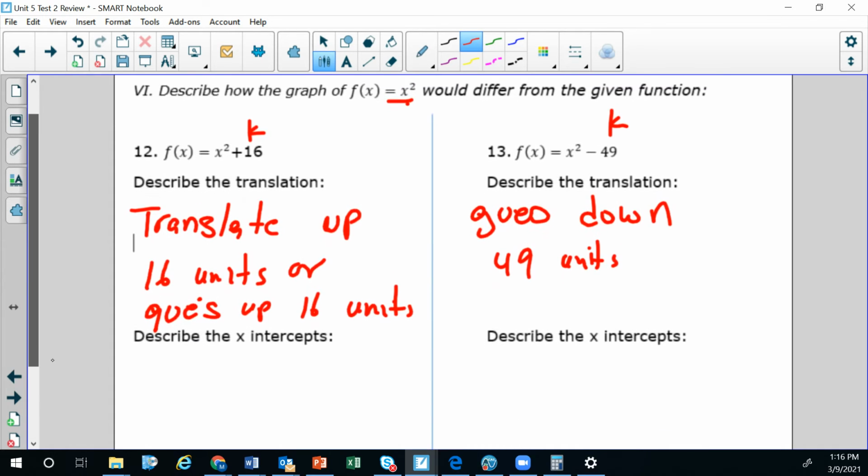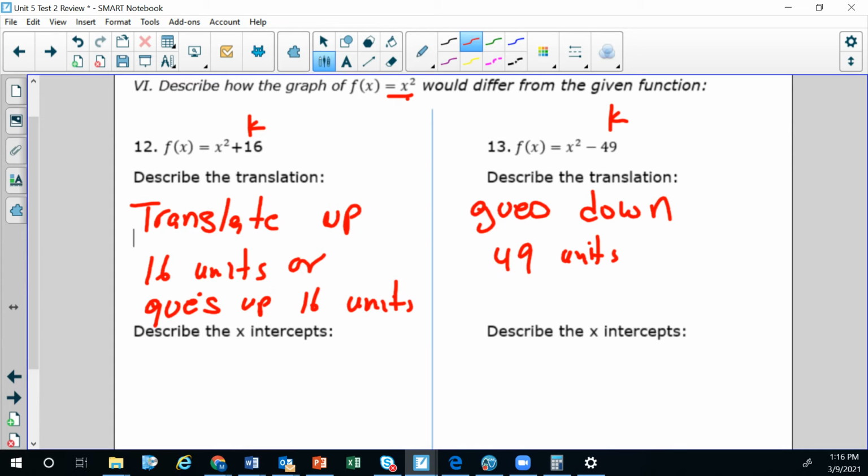Describe the x-intercept for number 12. The graph does not cross the x-axis, right? So there are no x-intercepts. All right, no intercepts.